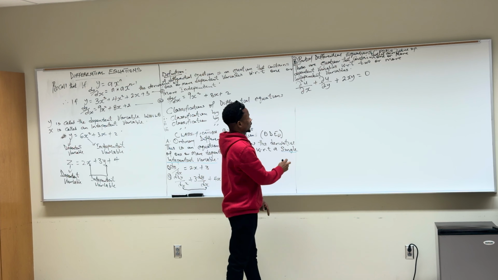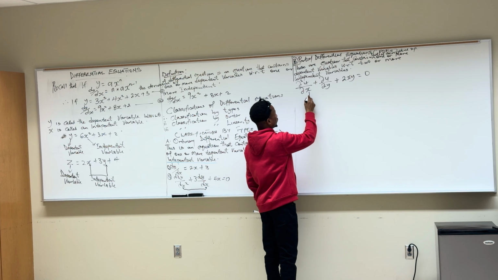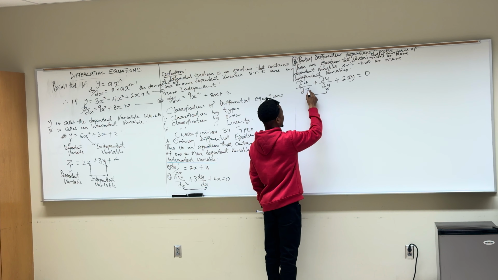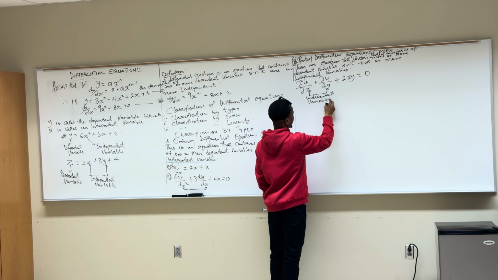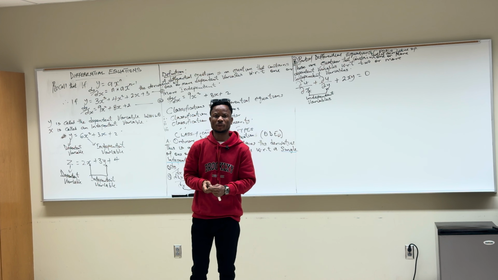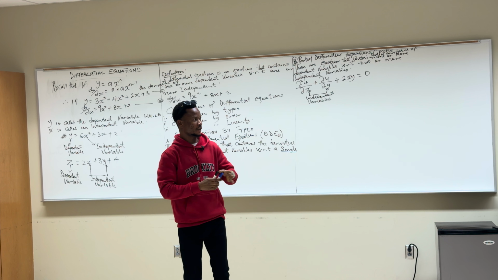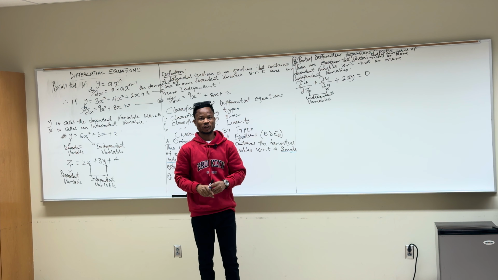So here we have just a single dependent variable and we are having two independent variables. So these two independent variables are what made this particular equation a partial differential equation.